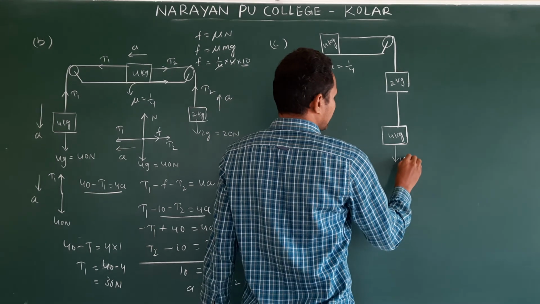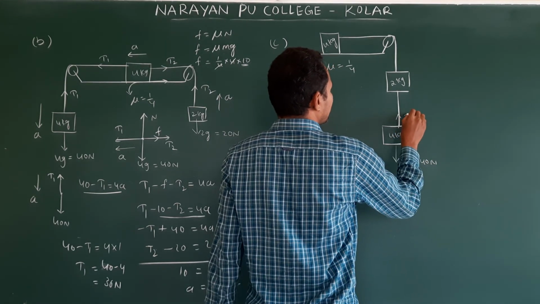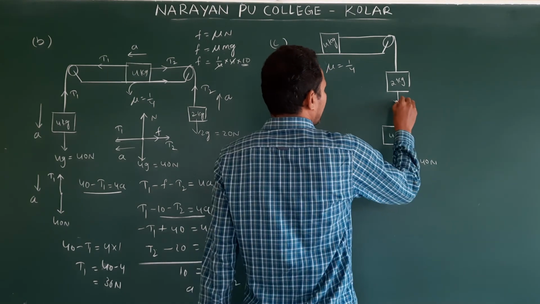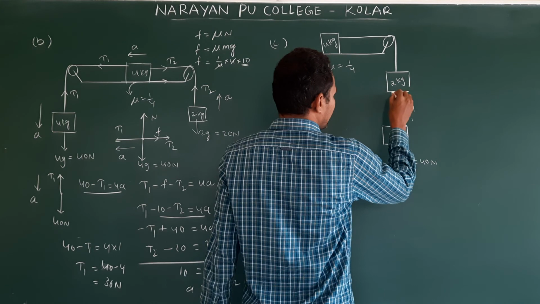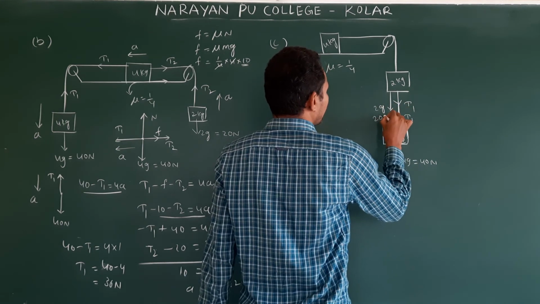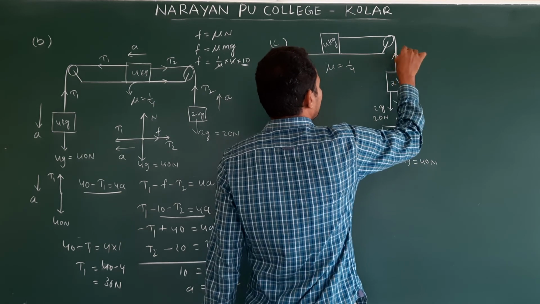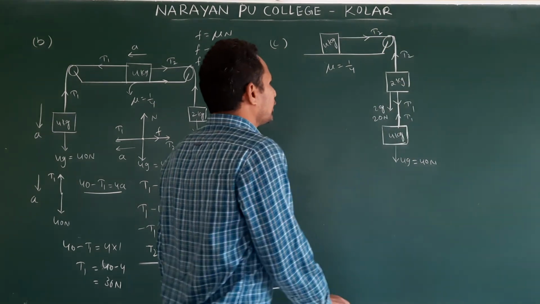4G acts, equal to 40 Newton. Tension, this is T1 and this is T1. This weight acts in the downward direction, that is 2G, nothing but 20 Newtons. Here it is tension T2, this tension T2.